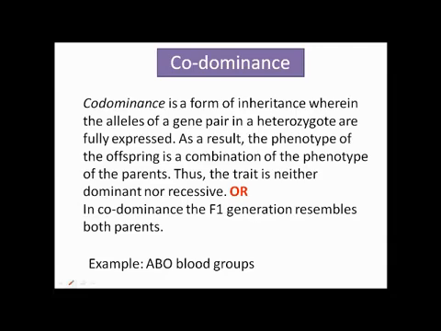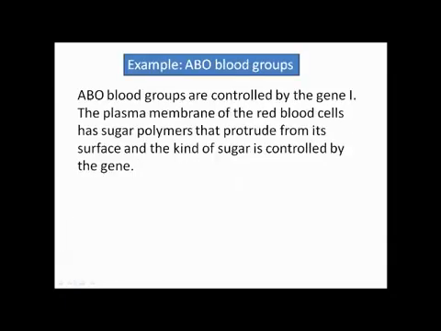So the best example of codominance is the ABO blood grouping. So let us look at how this works. The ABO blood group is controlled by the gene I, and this gene I controls the blood group in human RBCs.